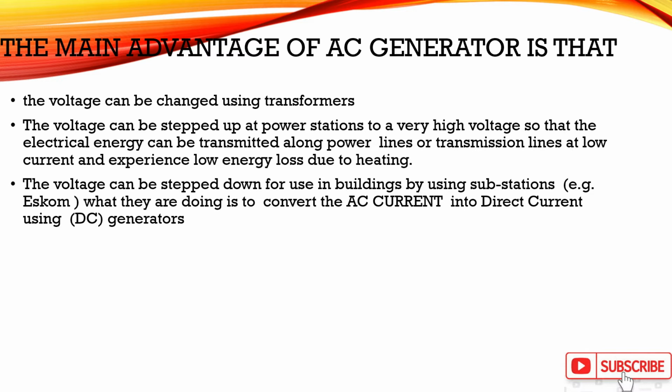What they are doing there at Eskom is to convert the alternating current, the AC current, into direct current using direct current generators. So that's why they are always being replaced now and then during this time of load shedding.